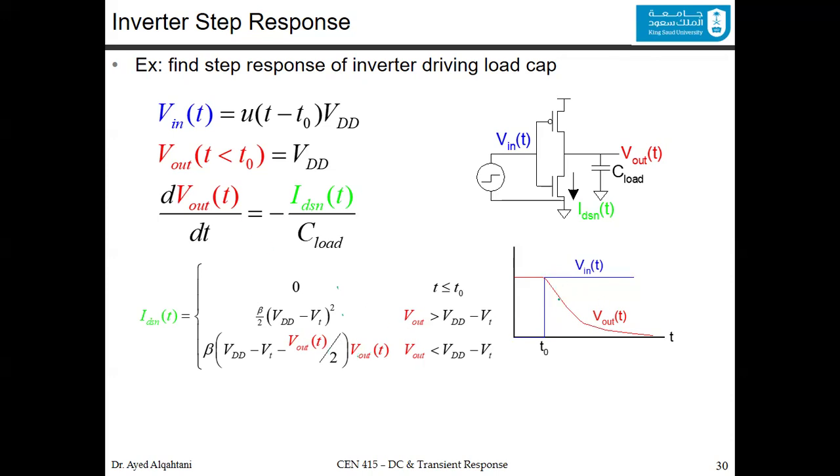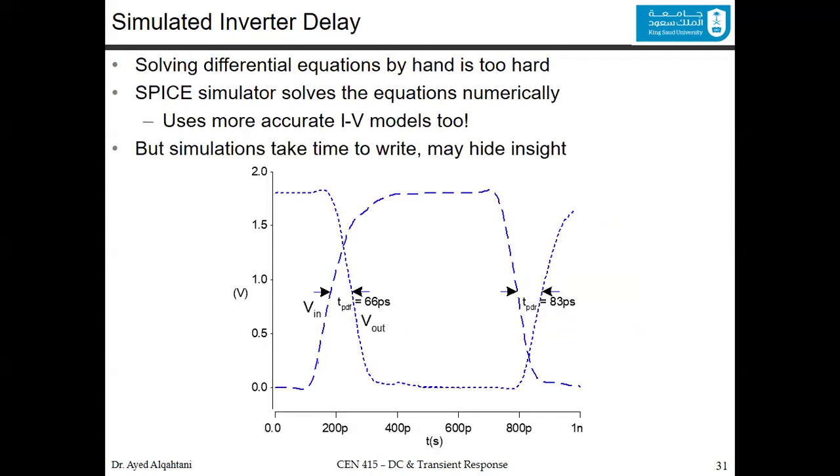You could draw this by looking at the functions, and we gave an example in the previous video. Solving the differential equation by hand is kind of too hard for the inverter delay. So that's the first way to get the transient response: solve this mathematical model.